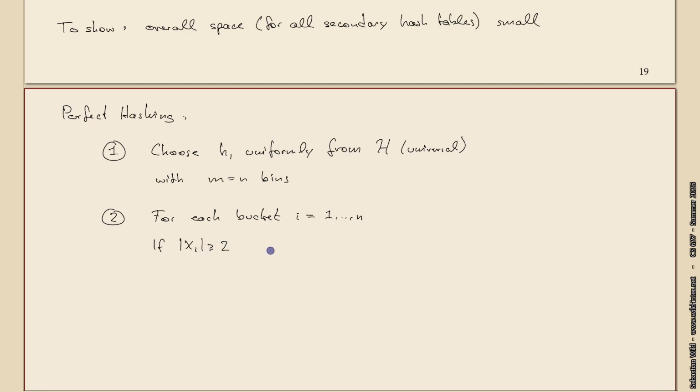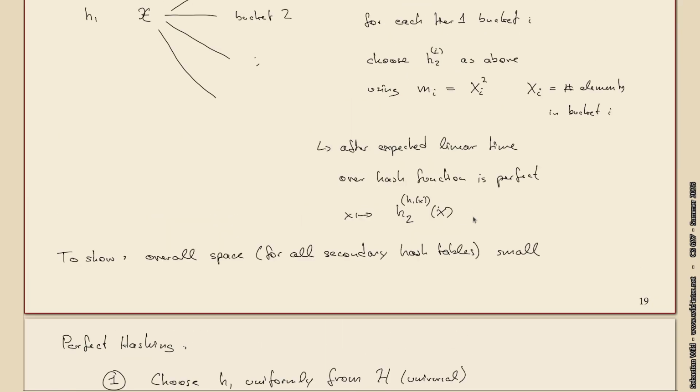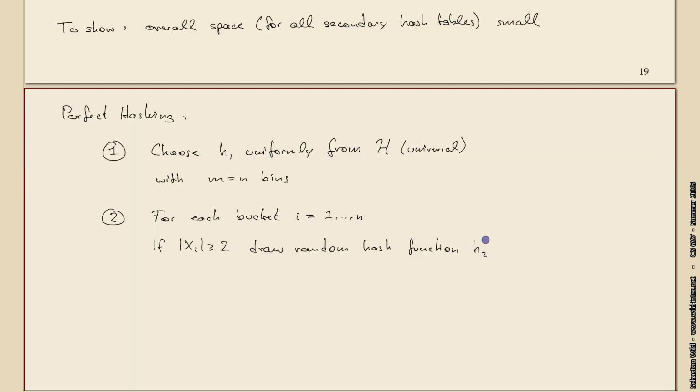If there's at least 2, then we draw a random hash function, h2 superscript i, from another universal class of hash functions.